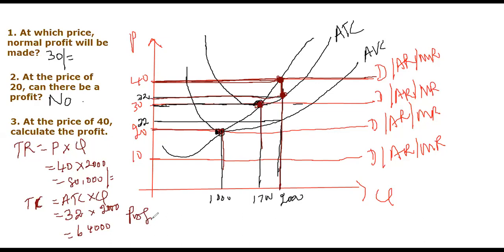Therefore, profit how much? 80,000 minus 64,000. So that is 16,000 rupees. 16,000 rupees is the profit. Those who didn't understand this profit calculation can tell me.